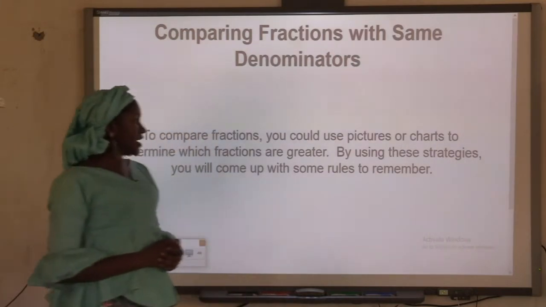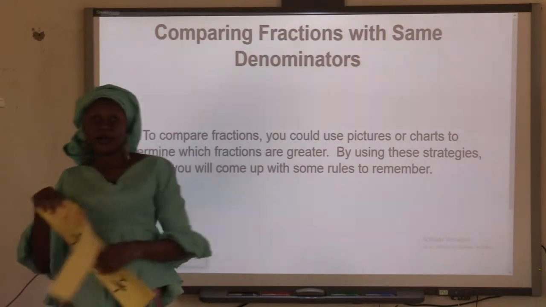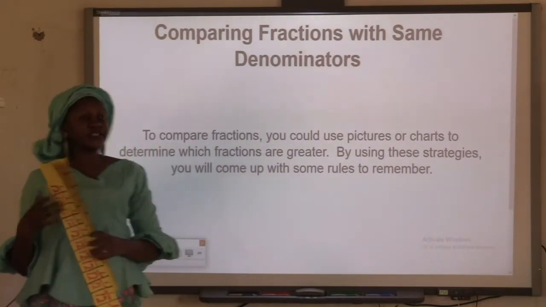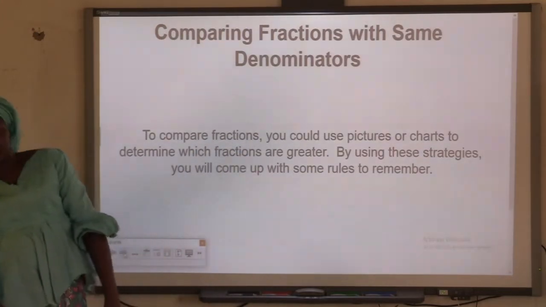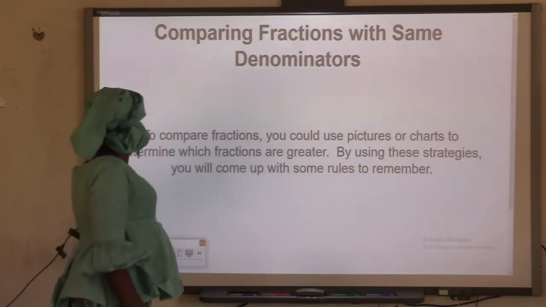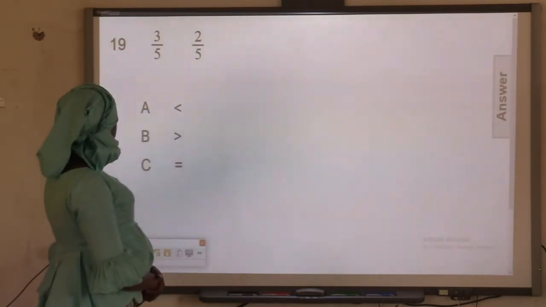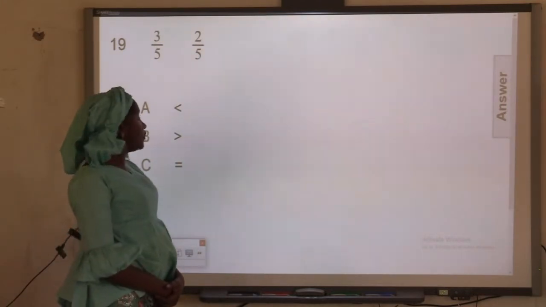Those pictures and charts are, for example, these ones, where I will be drawing circles to show which fraction is which. Three fifths and 2/5.